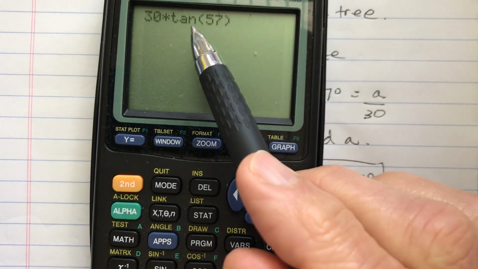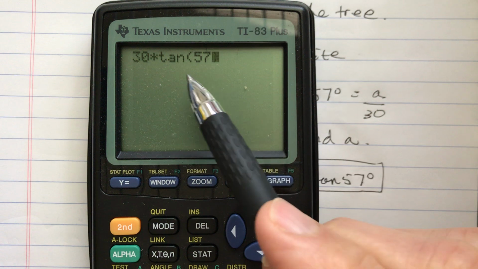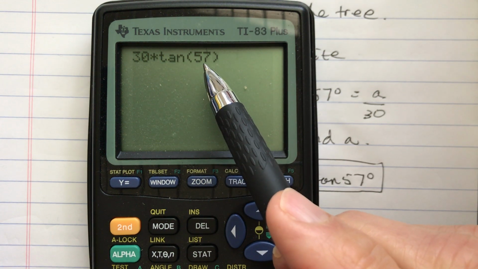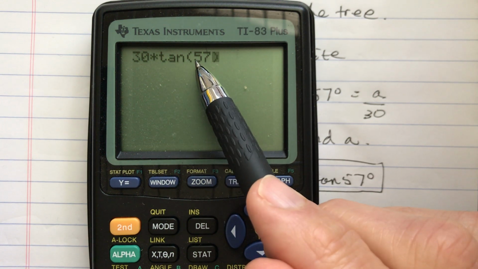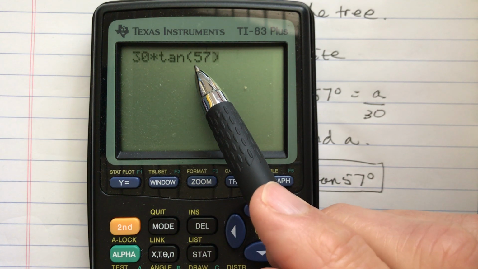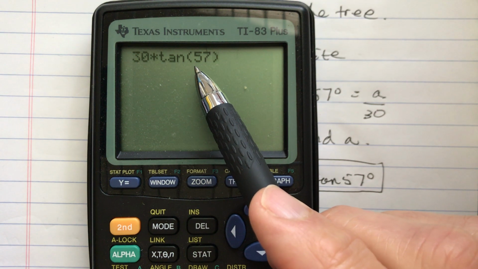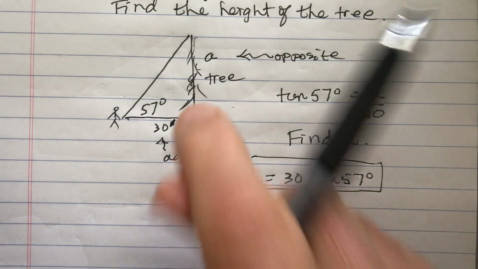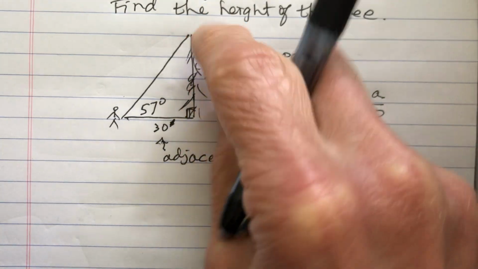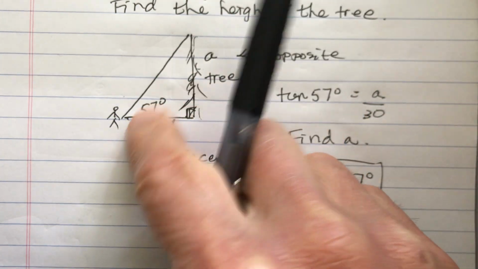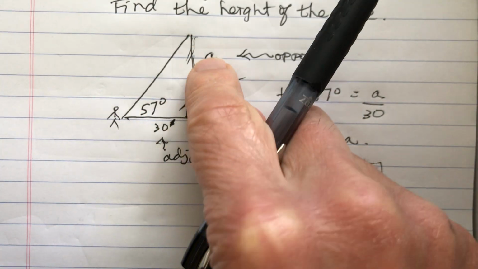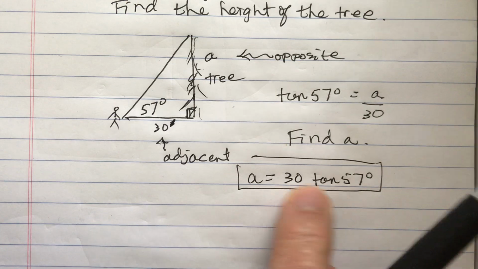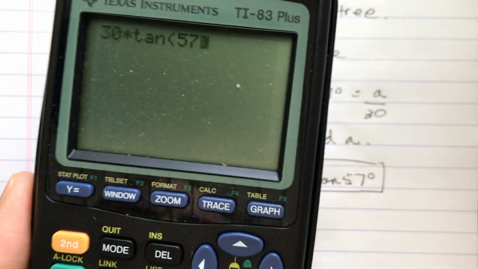Keep in mind that tangent of 45 degrees is 1, and 57 degrees has a longer opposite than it does an adjacent. This picture is meant to be sort of accurate, so the opposite is longer than the adjacent. So this ratio of tangent is going to be greater than 1, and our answer should be greater than 30.